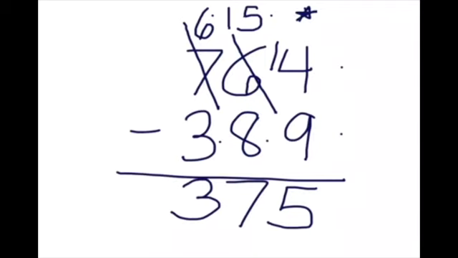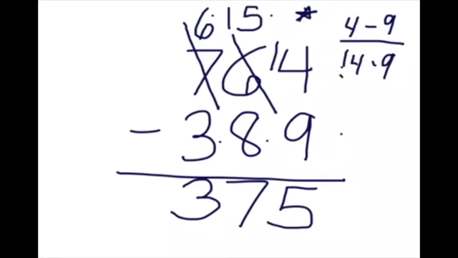Please make sure that when you are regrouping, you ask yourself, is there more on top or more on the floor? If there's more on the floor, you always have to do that extra step. Go next door and get some more, because we cannot take away a big number from a small number. 4 minus 9 does not work, but 14 minus 9 works.